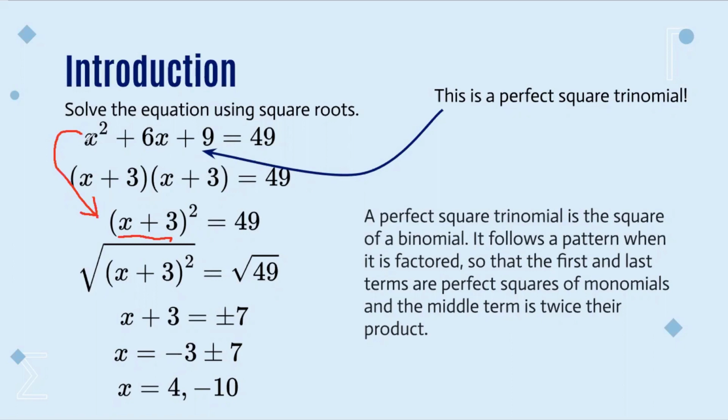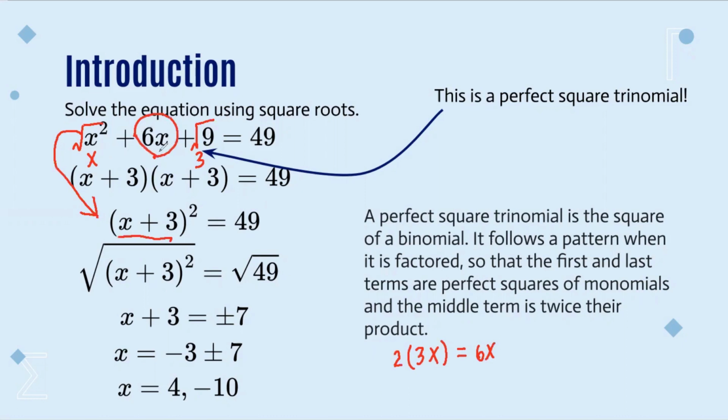So what this means is if you take the square root of the first term of a perfect square trinomial, this would be x, the square root of this would be 3, the product of this would be 3x, and then if you were to double it, by multiplying it by 2, you would get 6x, and there is your 6x for your second term.